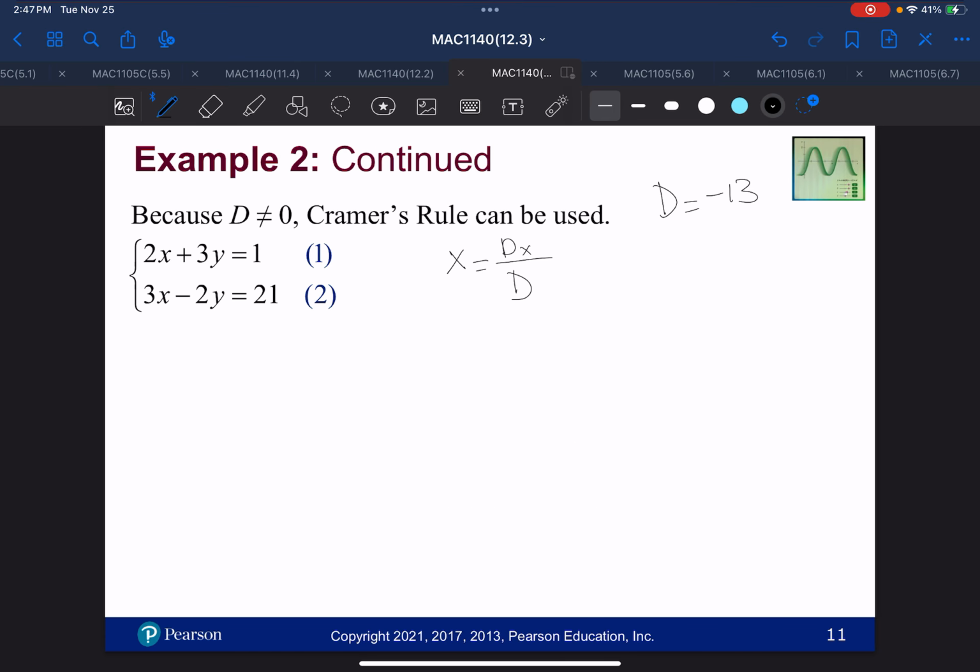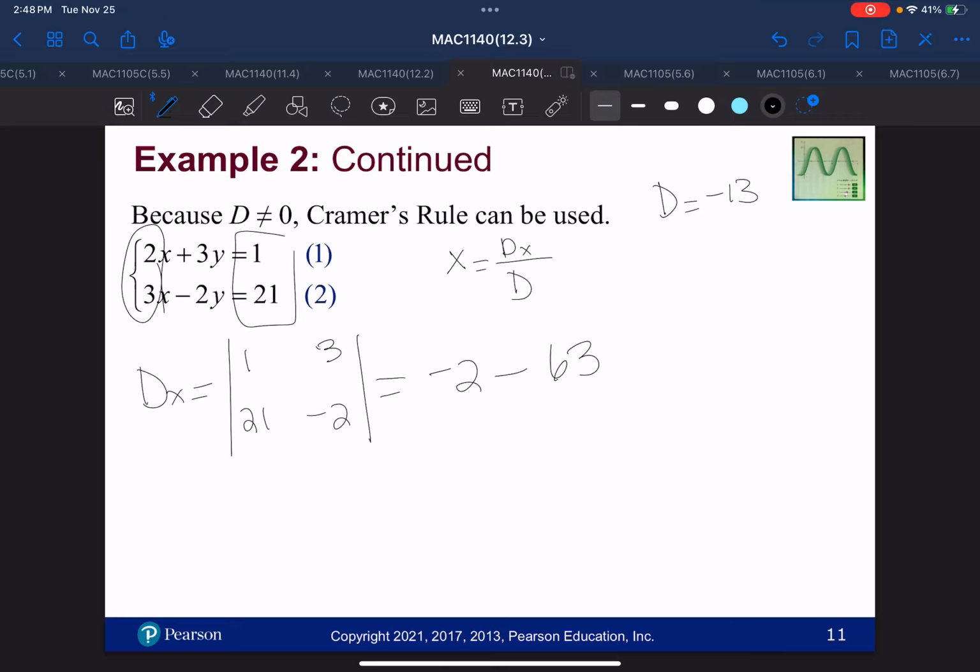But d of x is going to be the determinant of the coefficients, except I'm replacing the x coefficients with the constant coefficients. So that'd be 1, 21, and then the coefficients of y stay as is. So I'm finding the determinant of this, which would be 1 times negative 2, which is negative 2, minus 63, and this would be negative 65.